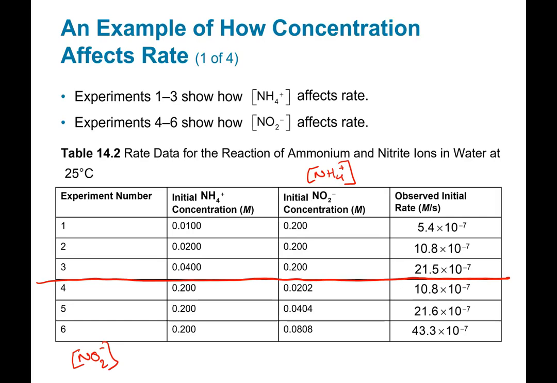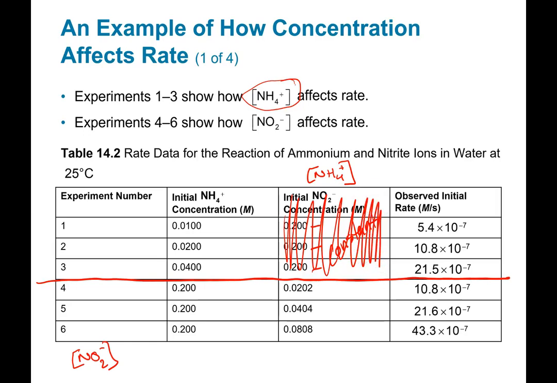So if we're trying to determine how reactant NH4+ affects the rate of a reaction, then we want to focus on experiments where the other reactant is held constant. So notice these are all the same. These are constant for these first 3 experiments. So we're not going to look at this data. This data is not useful to us for this particular part.